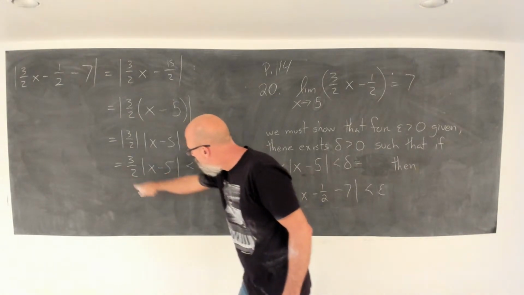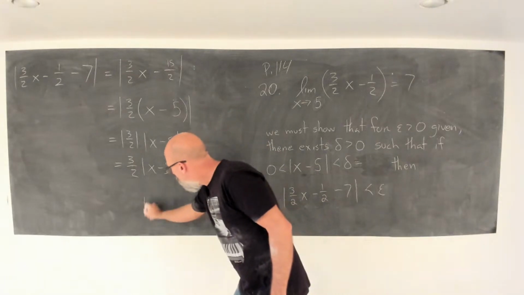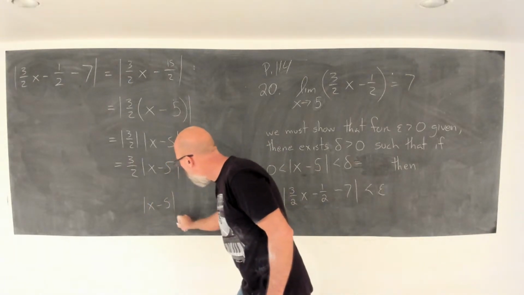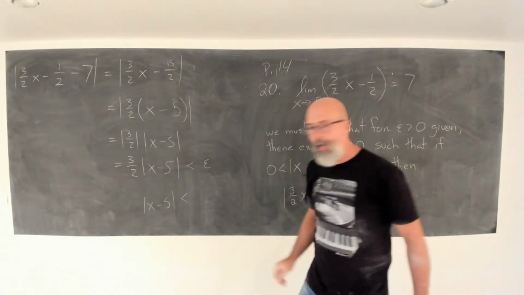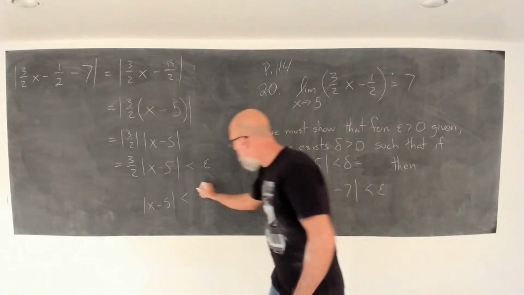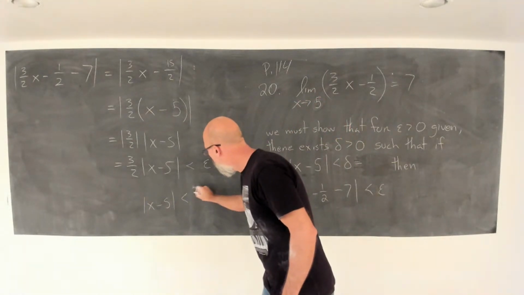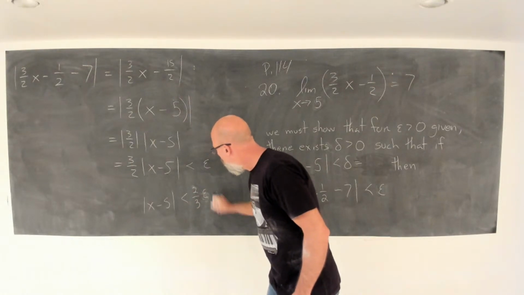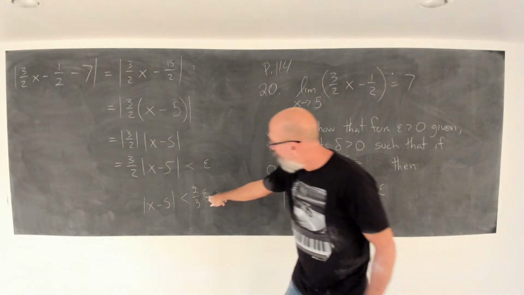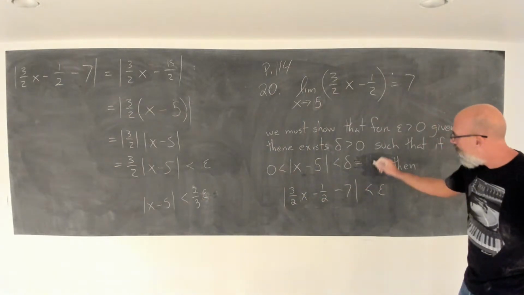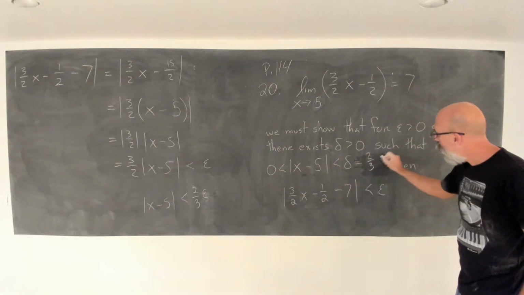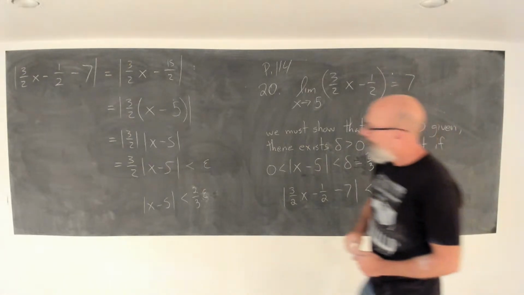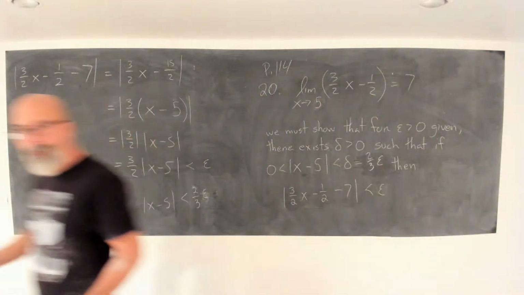So if you bring this to the other side, you get x minus 5 has to be less than 2/3 epsilon. Right? So if you take delta to be 2/3 epsilon, you're done.